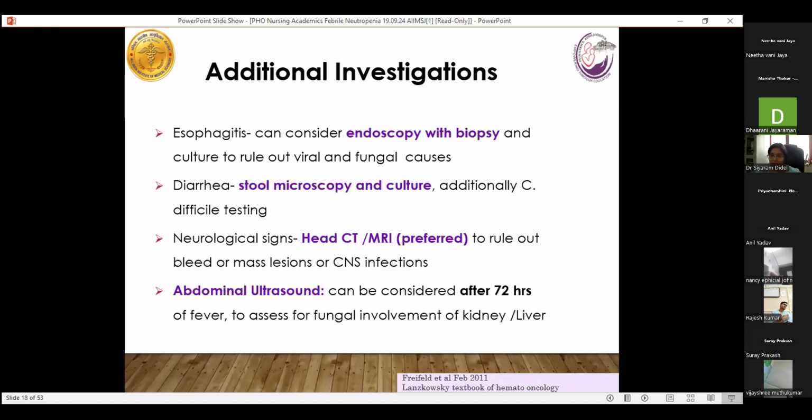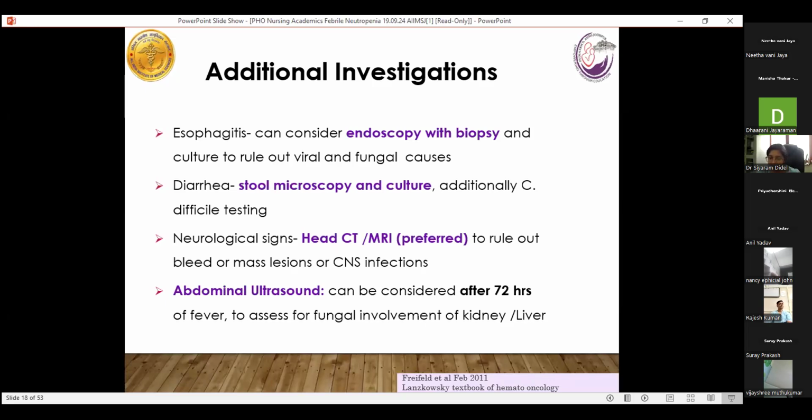Then in further additional investigations, if the child has mucositis but we think it has progressed to esophagitis, then we should order an endoscopy with biopsy. If the child has diarrhea, stool microscopy and culture.